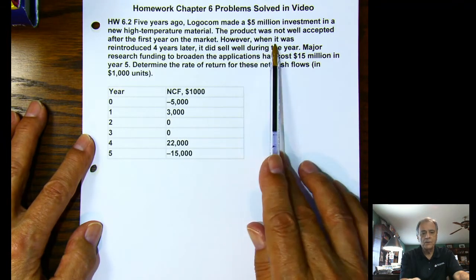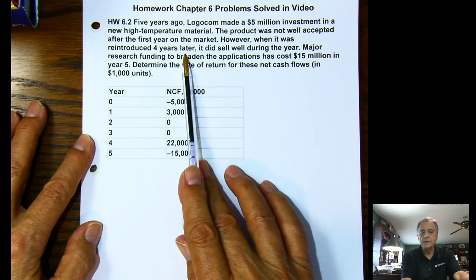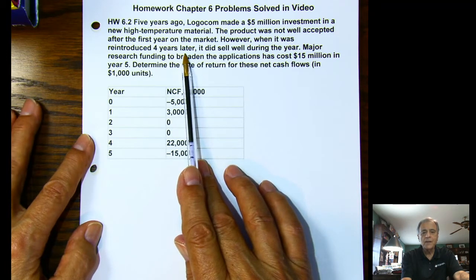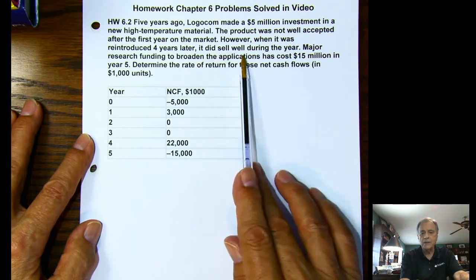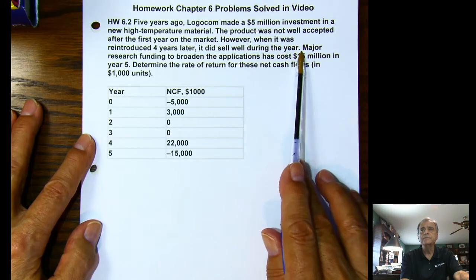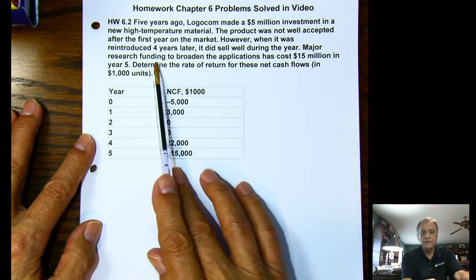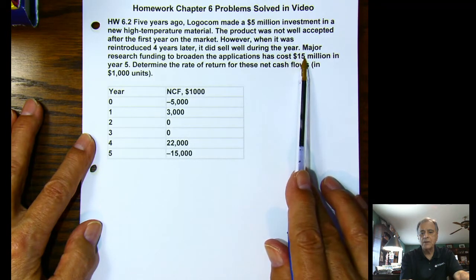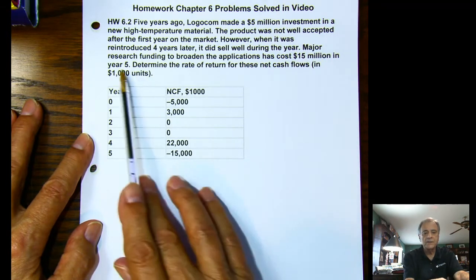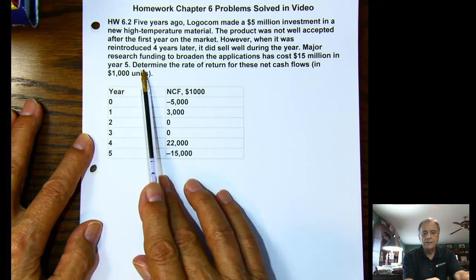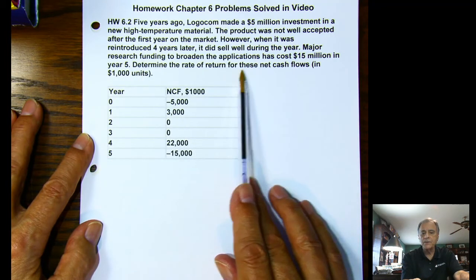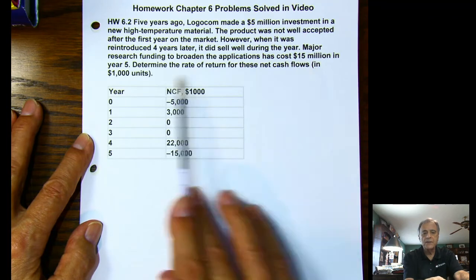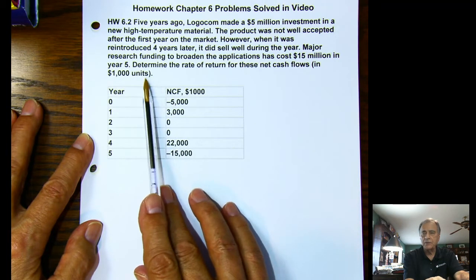However, when it was reintroduced 4 years later, it did sell well during the year. Major research funding to broaden the application has cost $15 million in year 5. Determine the rate of return for these net cash flows in thousands of dollar units.